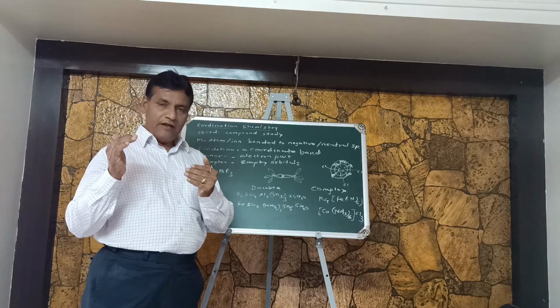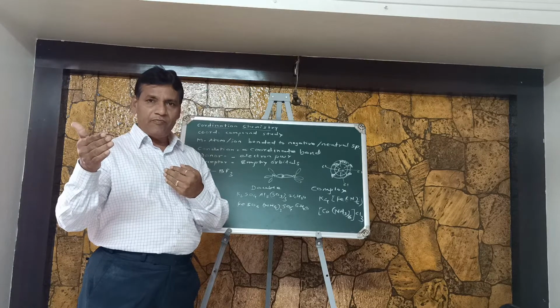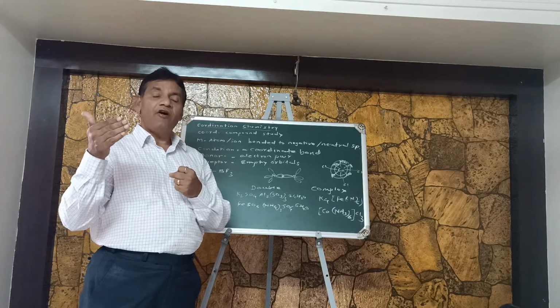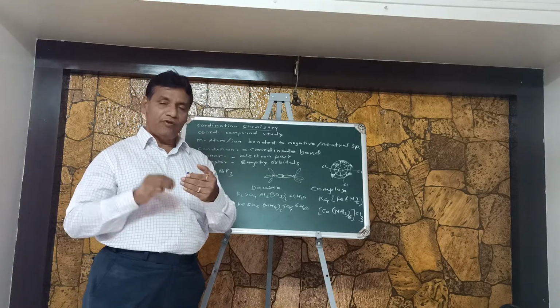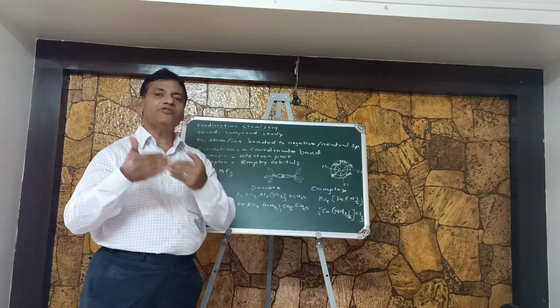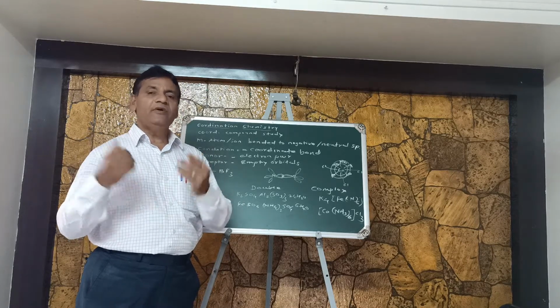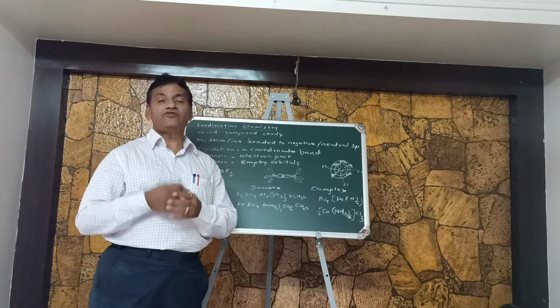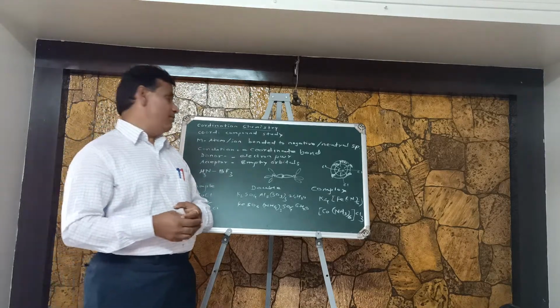So the donor atom must possess an electron pair to donate, and the acceptor atom must possess an empty orbital in the valence shell. So there will be proper overlapping between donor and acceptor, and there will be formation of a coordinate bond. And if there is formation of a coordinate bond, some compounds are formed. They are known as complex compounds or coordination complex compounds.